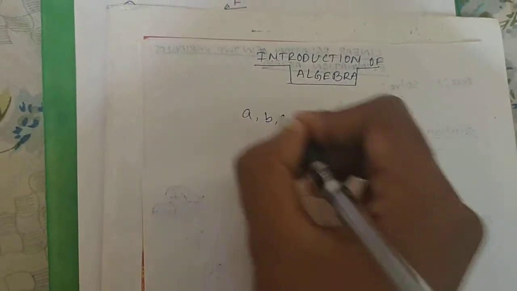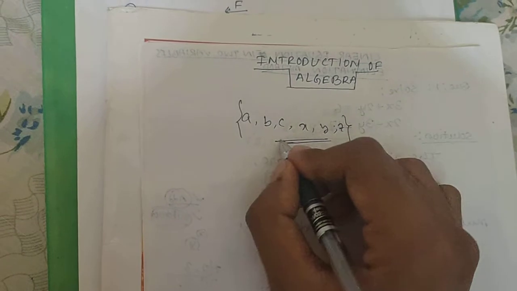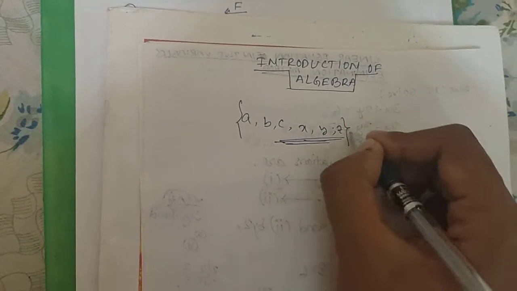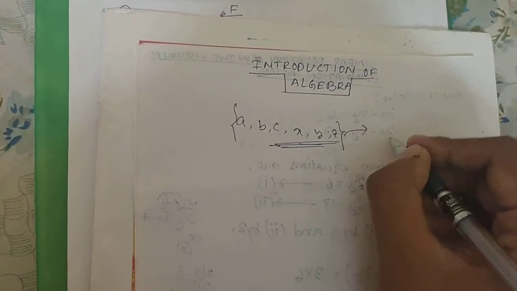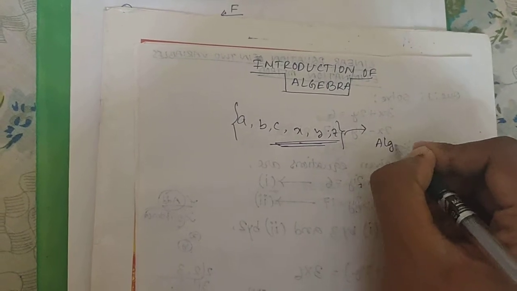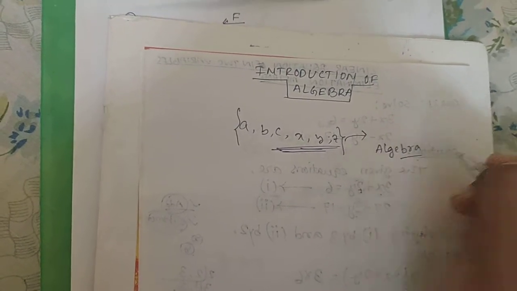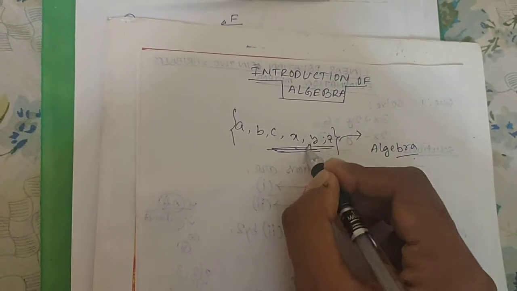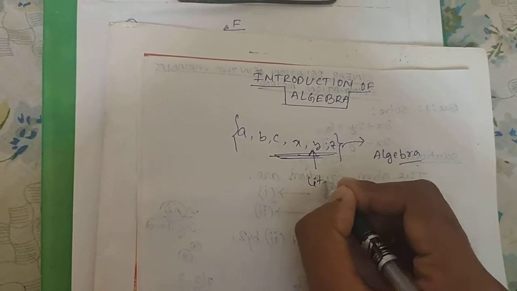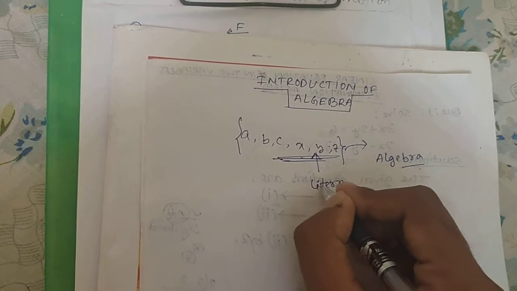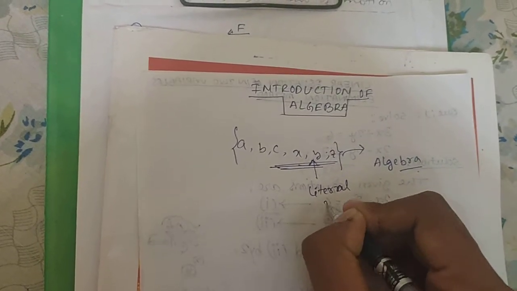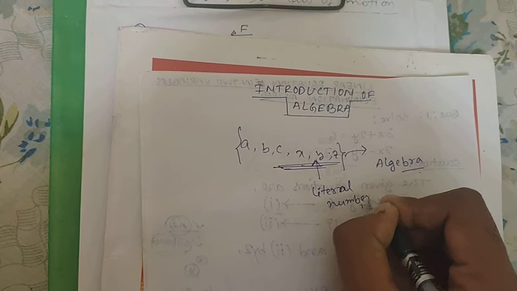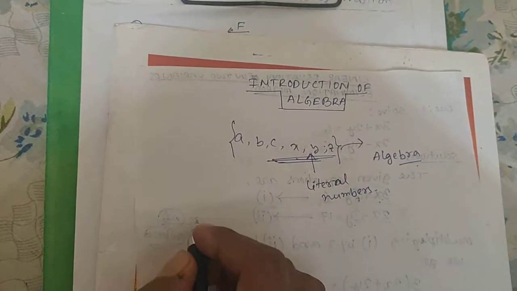When we are applying these into a formation, that formation is called algebra, and they are called literal numbers.